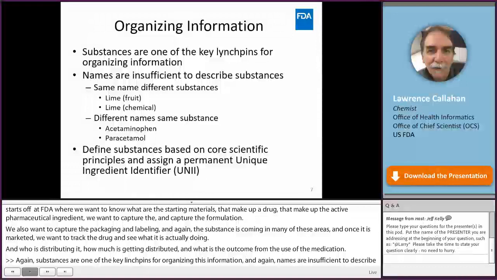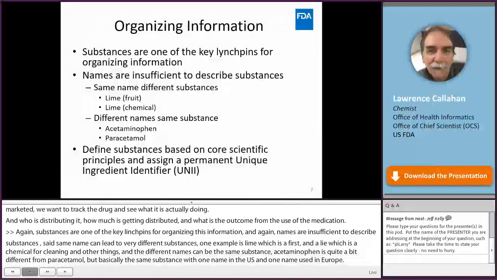And again, we want to define substances not based on names or terminology, but based on core scientific principles, and assign a permanent unique ingredient identifier to each substance. And that's called the UNII at the FDA. It's basically a 9 random character and then 1 check character. So it's always a 10-character entity that's permanently tied to the substance.